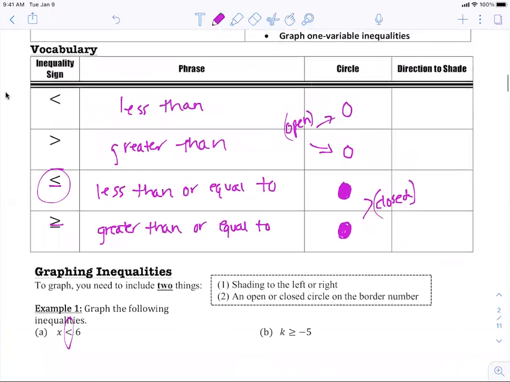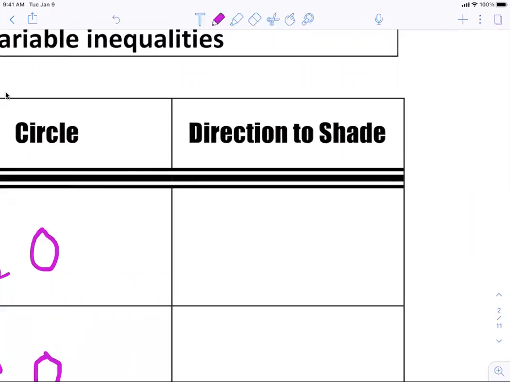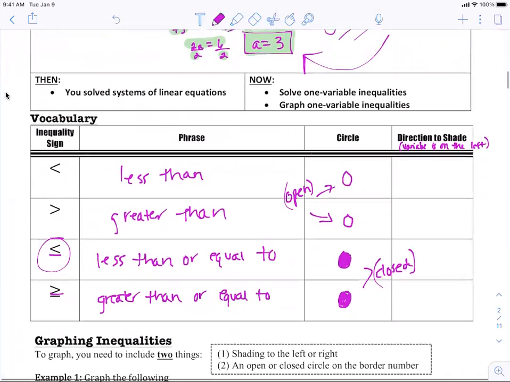But now for direction to shade, technically this is totally fine, but it's only when the variable is on the left. These are more of kind of like shortcuts, if you will. So, for example, if your variable is on the left side of the inequality sign, then if it's a less than symbol, we always shade to the left.